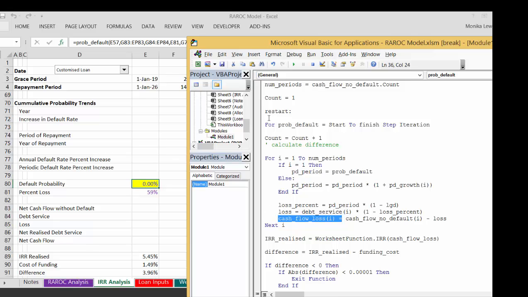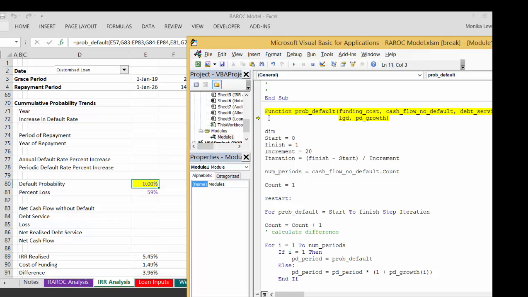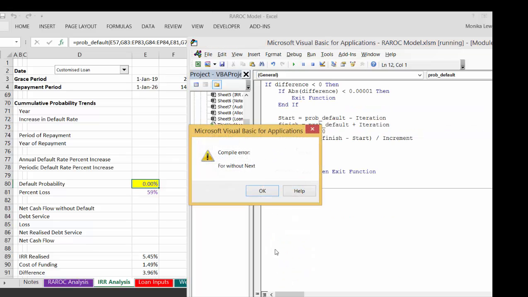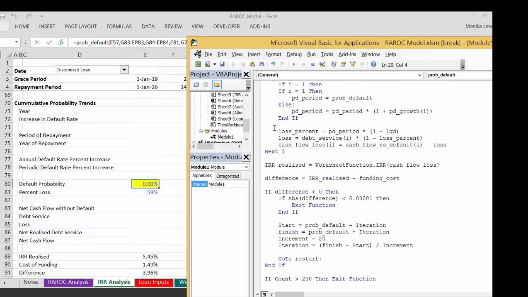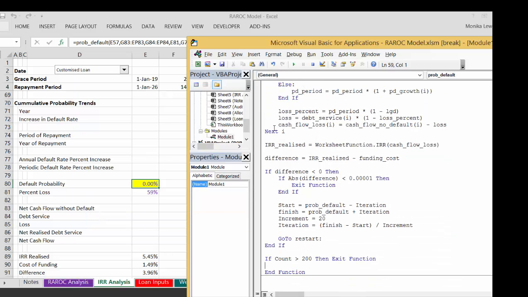And cash flow loss, we forgot to put a dimension on that. The good news is that it would have told us all the errors, that's really wonderful. And then we have a For without a Next. Why did I have a For without a Next? Just a minute. Next probability of default.